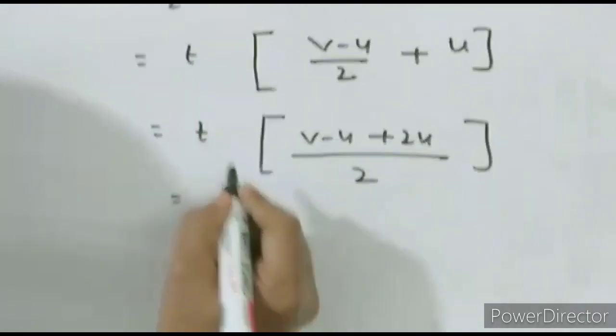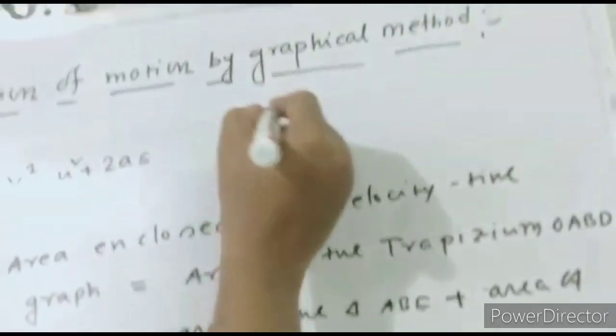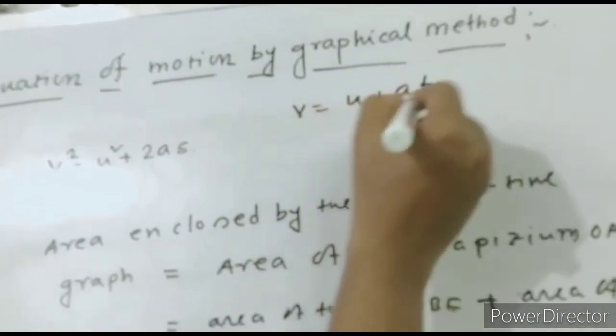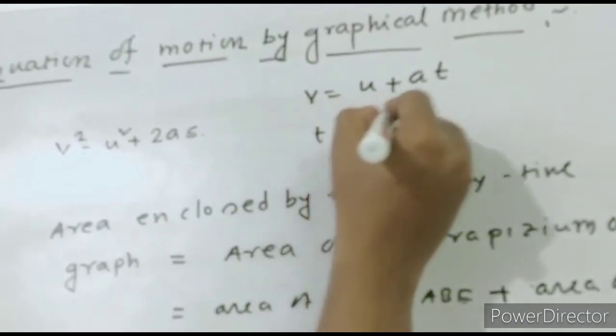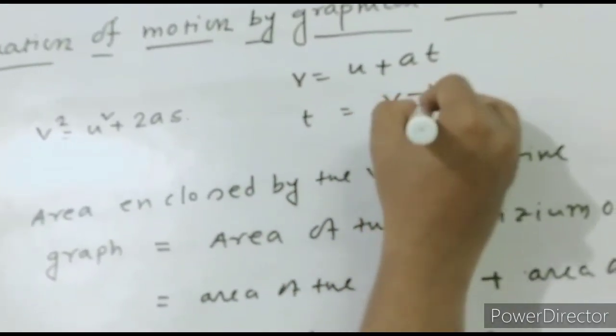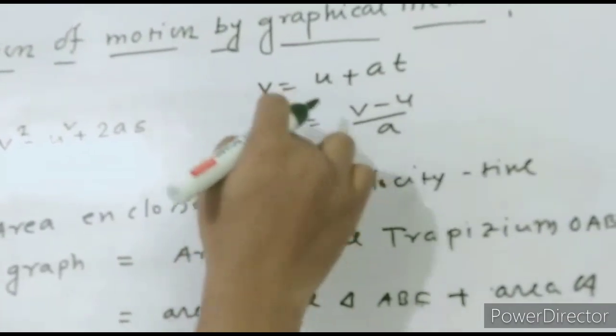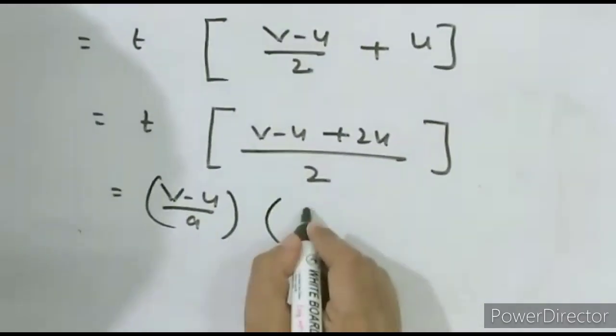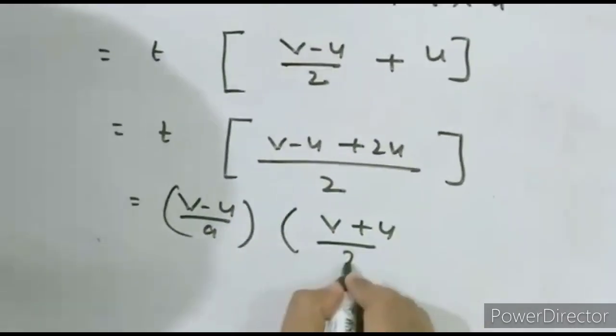So finally dear students, from the first equation of motion, v equals u plus at, we get t equals (v minus u) by a. You can replace the value of t in this equation, so s equals (v minus u) by a into (v plus u) by 2.